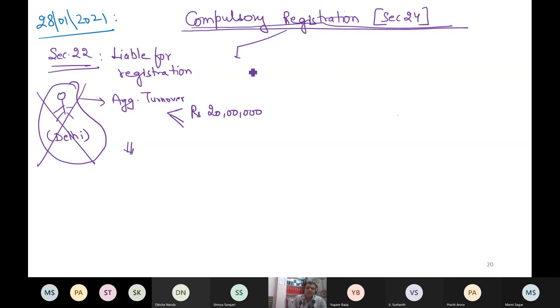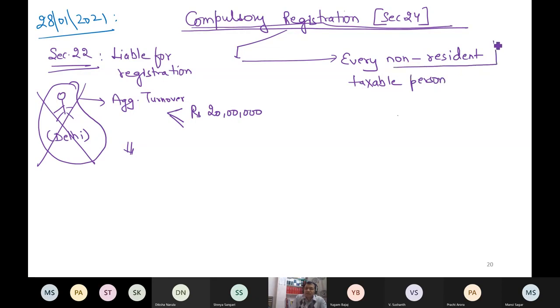For example, every non-resident taxable person is liable by default. It does not matter what the aggregate turnover is. Similarly, every casual taxable person is liable by default for registration.